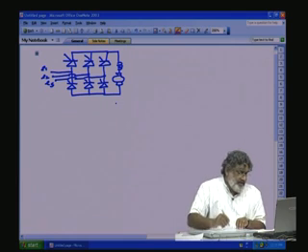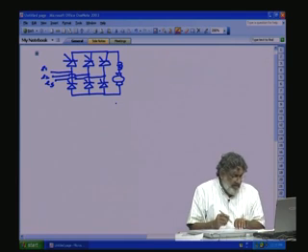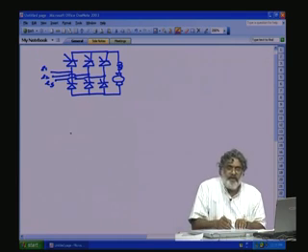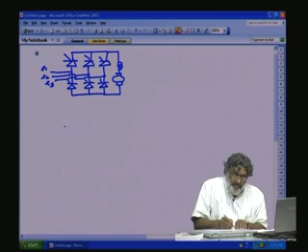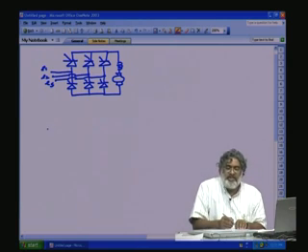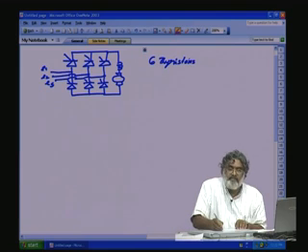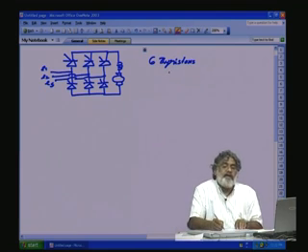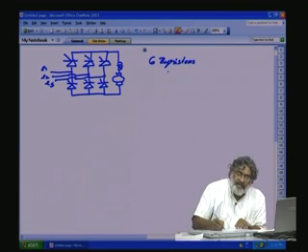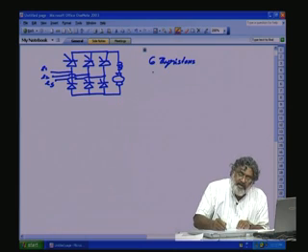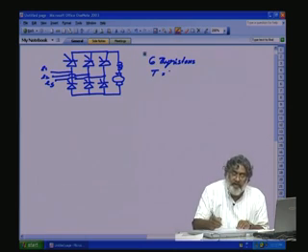Okay. Now, how does the commutation start? What is the sequence of switching? If you see, there are 6 thyristors now. In a cycle of operation, that means the fundamental period T is a 360 degree duration.